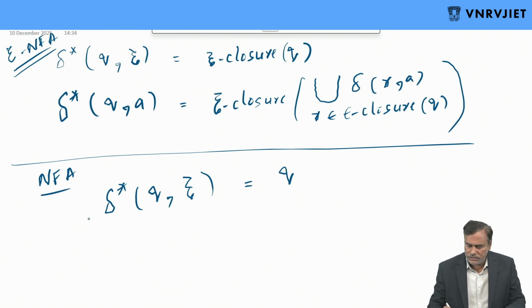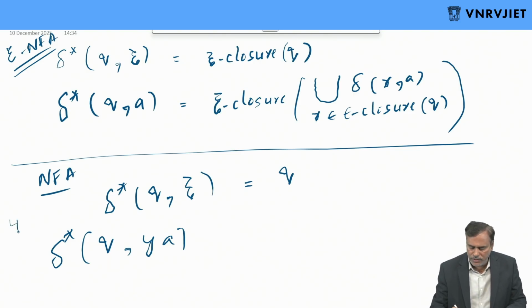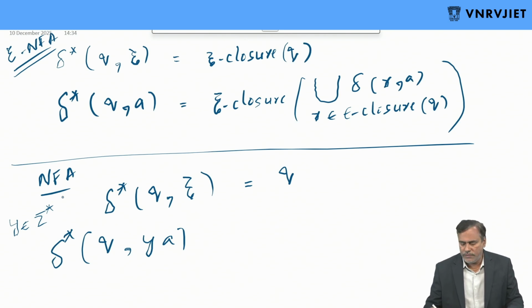In a similar fashion, delta star of Q, YA, for Y belongs to sigma star and A belongs to sigma, can be defined as follows.